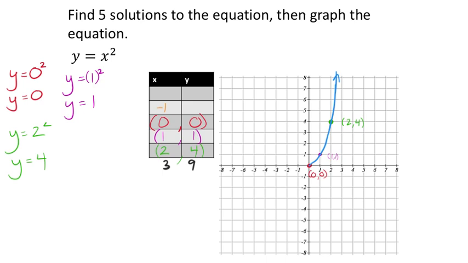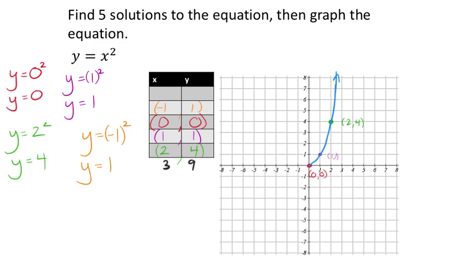So again, the equation y equals x squared is what we have. But we're going to replace the x with -1. I have purposely put that in parentheses. If you don't and you put that in the calculator, it's going to give you -1 because of the order of operations. Please put it in parentheses because -1 times -1 is +1. Haven't we seen that before?